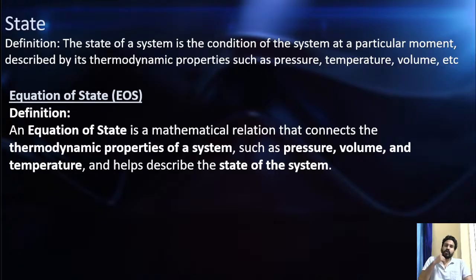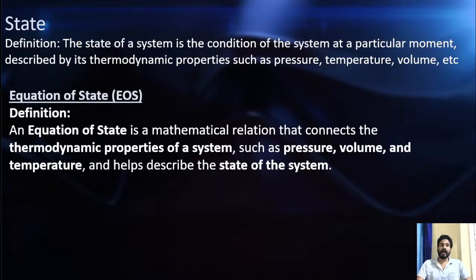But most of the systems we define in terms of pressure, temperature and volume. As far as the GATE syllabus is concerned, we define the system by P, V and T. So most of the time we talk about pressure, temperature and volume, guys.